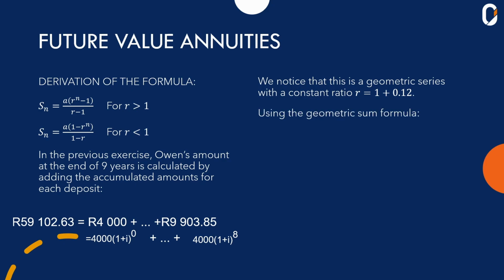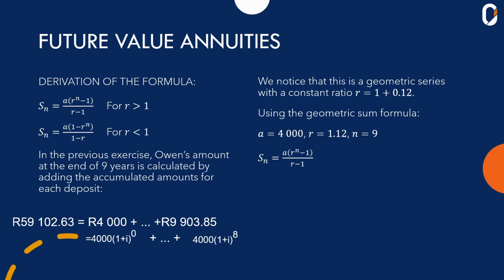Using the geometric sum formula, we'll have a is equal to 4,000, r is equal to 1.12, that is again 1 plus i, 1 plus 0.12 is equal to 1.12, and n is equal to 9 years. We're going to use this formula where r is greater than 1: Sn is equal to a times r to the power n minus 1, all over r minus 1.